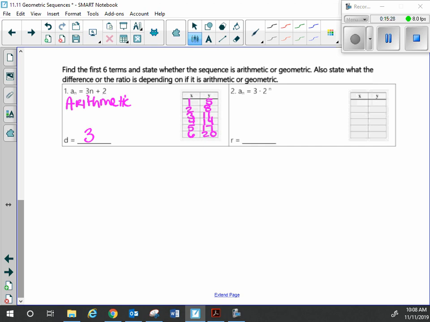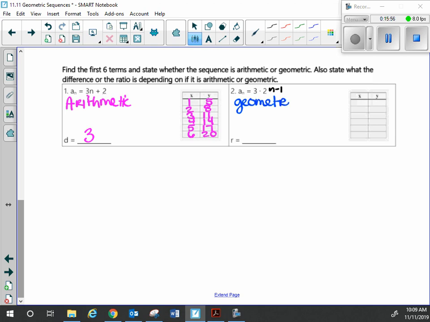The nice thing about geometric sequences is there's no such thing as an expanded or a simplified. It's just one form. You need to add in, though, on number 2, this should say n minus 1. It doesn't need to be in parentheses, it's an exponent. So what is that, arithmetic or geometric? Geometric.